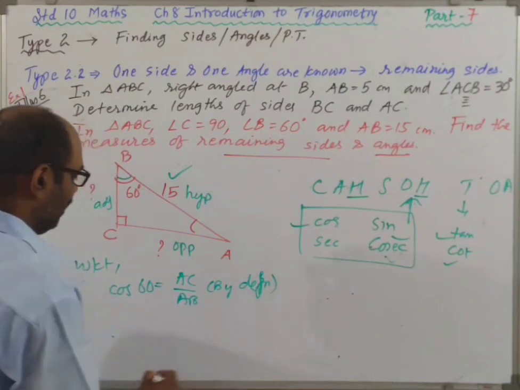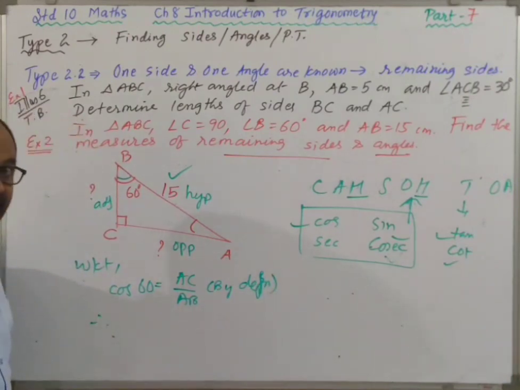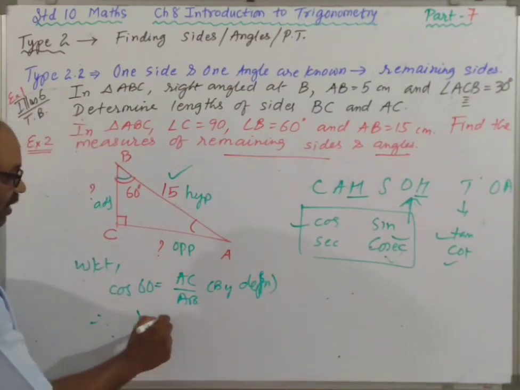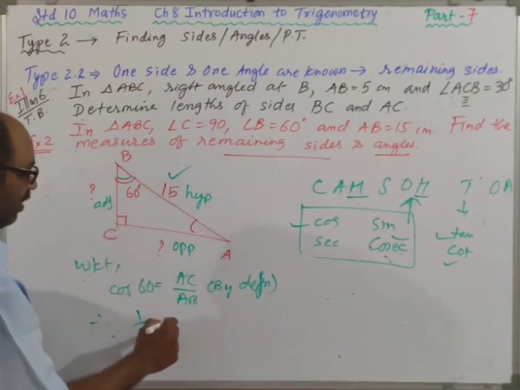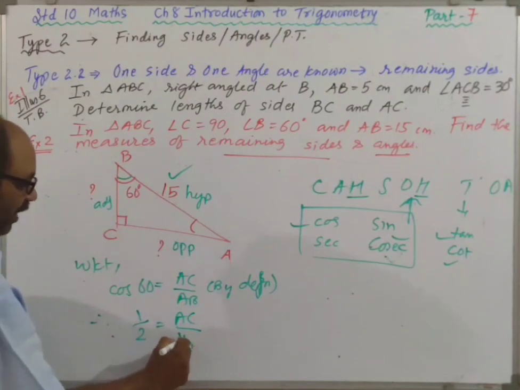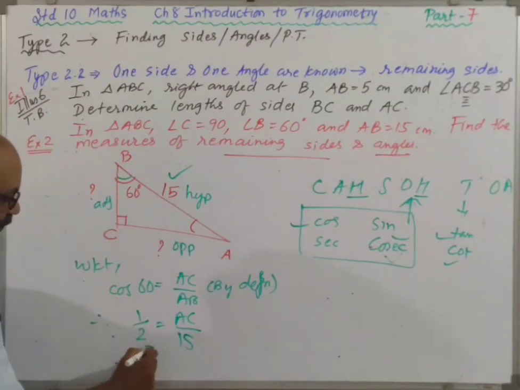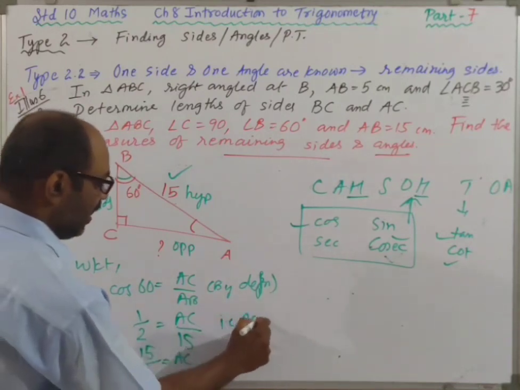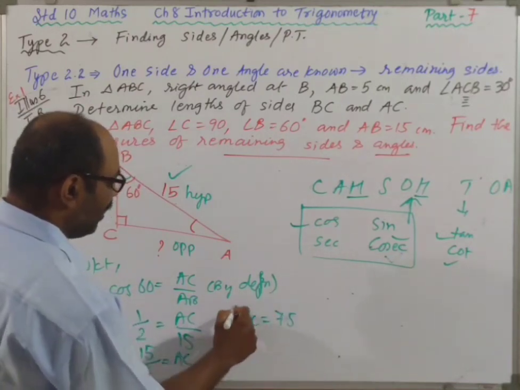Now cos 60 is half. That is equal to AC, which we do not know, upon AB, that is 15. Cross multiply karo. 15 upon 2 is equal to AC, i.e. AC is equal to 7.5 units.